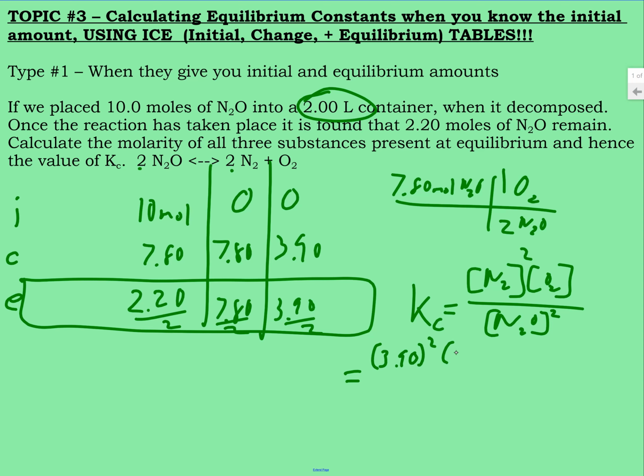Oxygen, I have 1.95. And for the dinitrogen monoxide, I have 1.10 squared. Take out my calculator. 3.9 squared times 1.95 divided by 1.10 squared, and Kc equals 24.5.